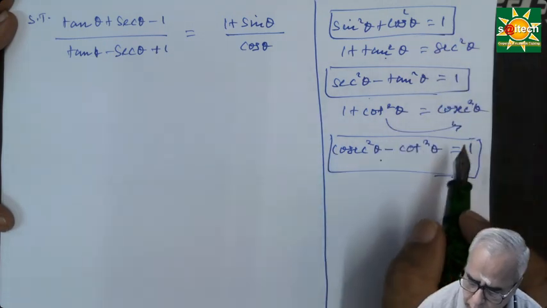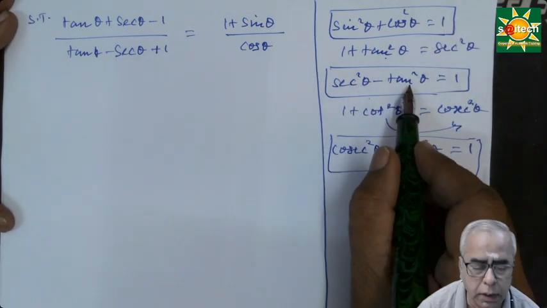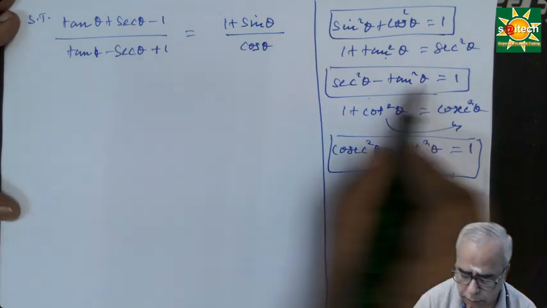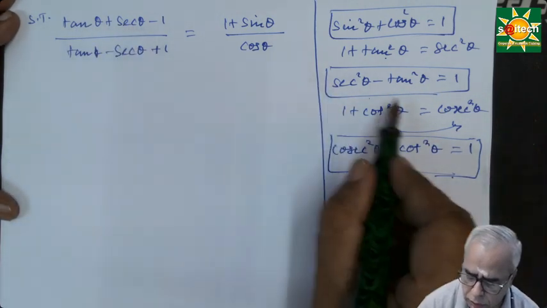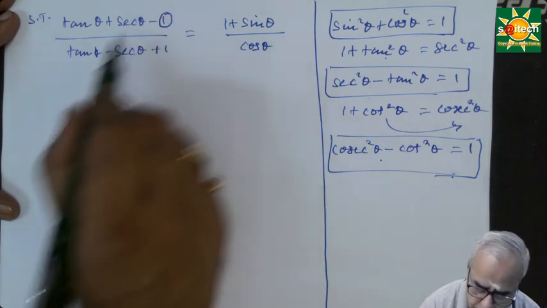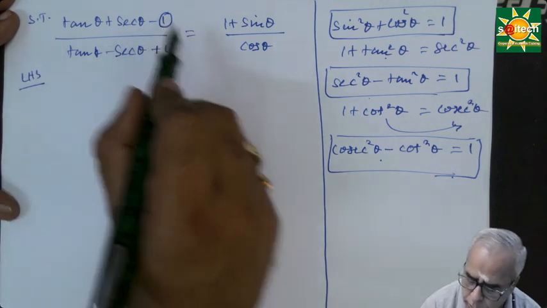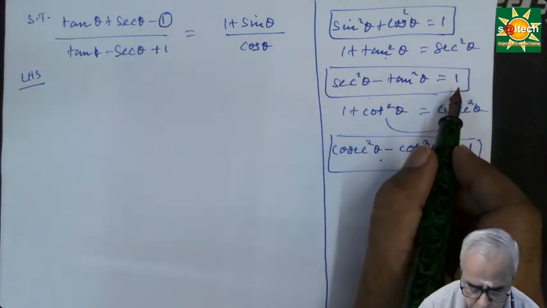Now based on that, instead of 1, we can replace this with secant squared theta minus tan squared theta, because we have got tan theta, secant theta, so the same format can be got here. So let us consider LHS, where we have to replace this 1 by this formula. You can proceed.